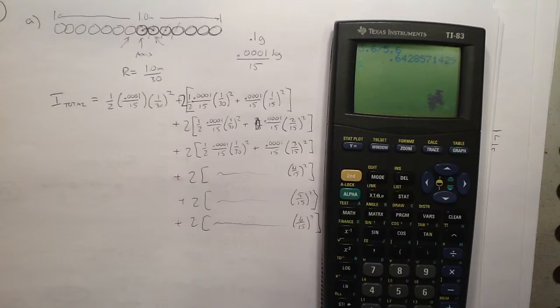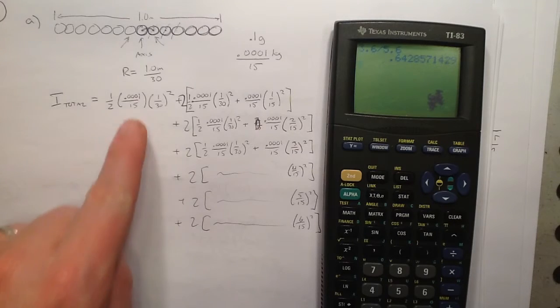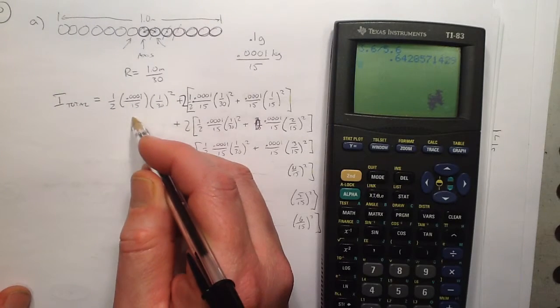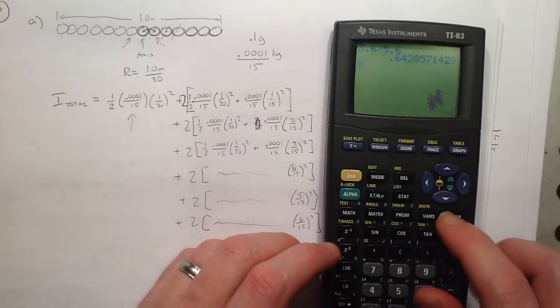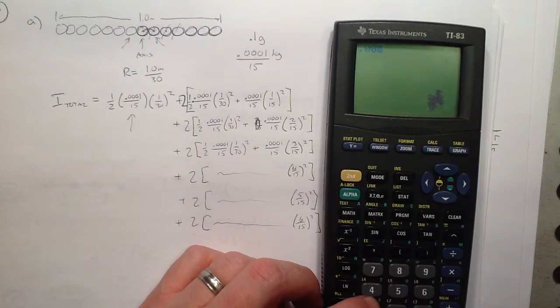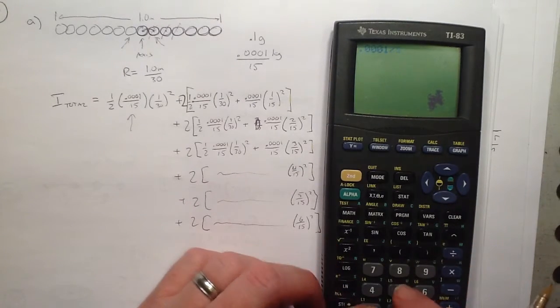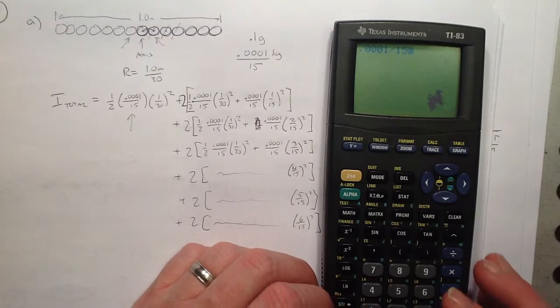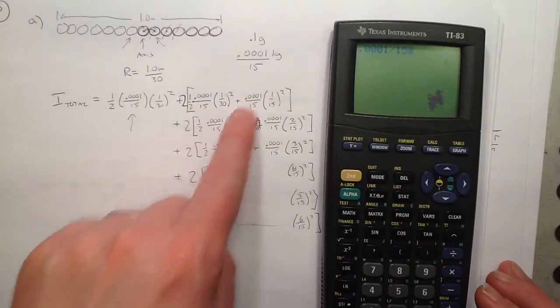Trying to think of the easiest way to do this. I don't know if you know this trick or not, I'm going to store this number into my calculator, 0.0001 over 15. That number comes up a lot, right?